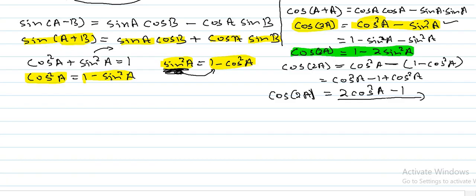So the double angle of cos can be written in 3 different ways. You just have to change it depending on how you want to solve the given equation. This is the tricky part that you must know in terms of solving trigonometry in grade 12.